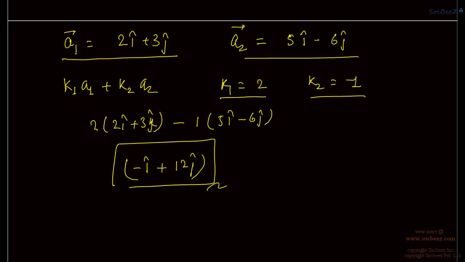So why is this linear combination important? Let us see that. Suppose two vectors are collinear. Collinear means they have the same direction. Say this is vector a1 and this is vector a2. Then a1 can be written as k times a2, isn't it?